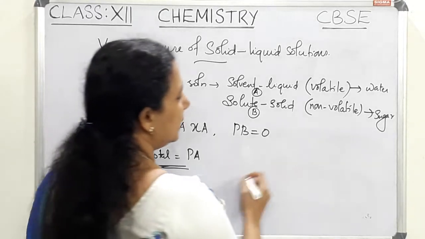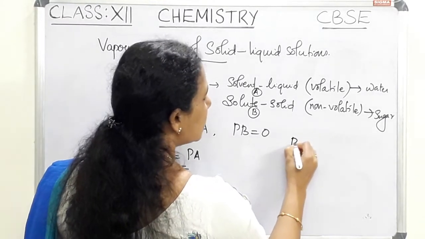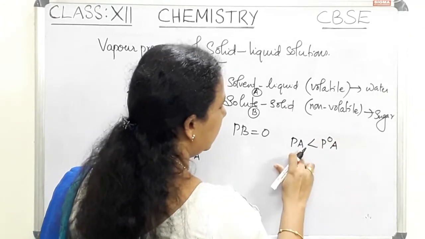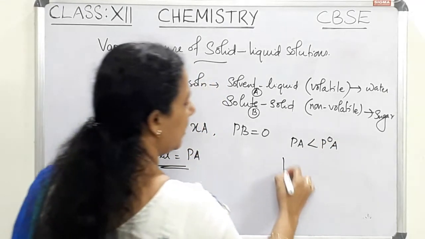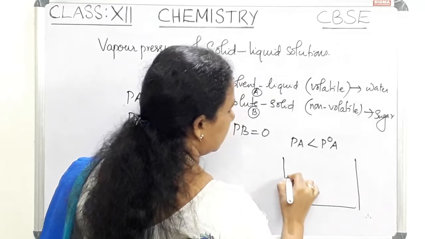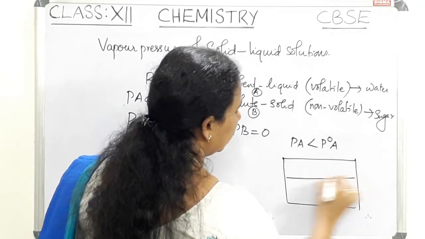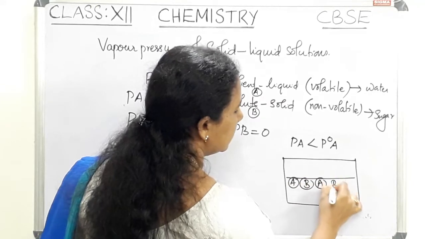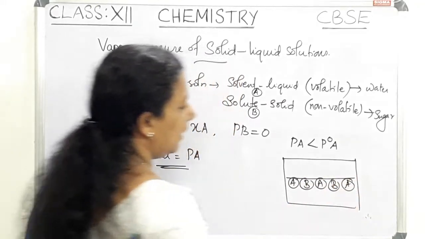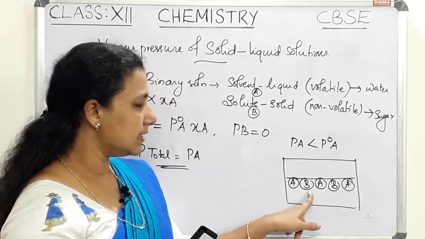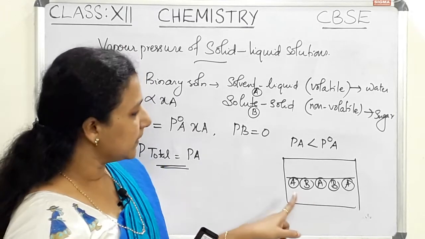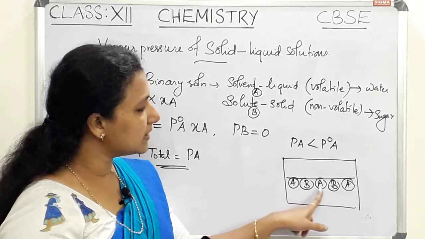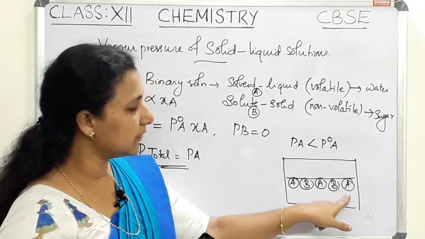And we know that PA is actually less than P0A, because the molecules of A and molecules of B are there in the solution. Since there is a non-volatile solute, some of this non-volatile solute will occupy the space of the surface molecules.